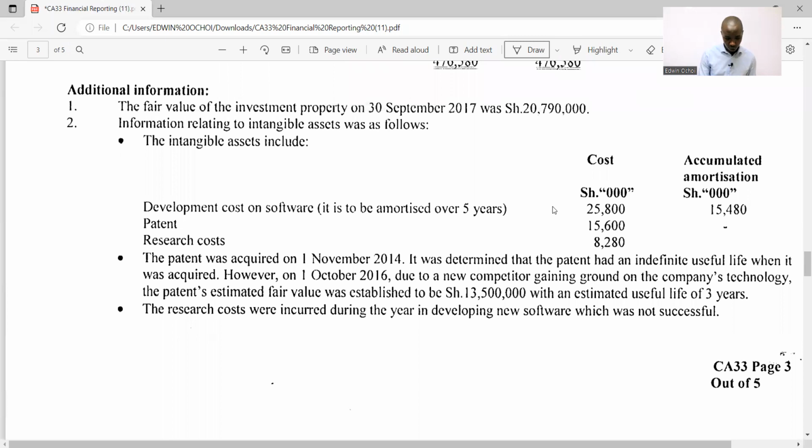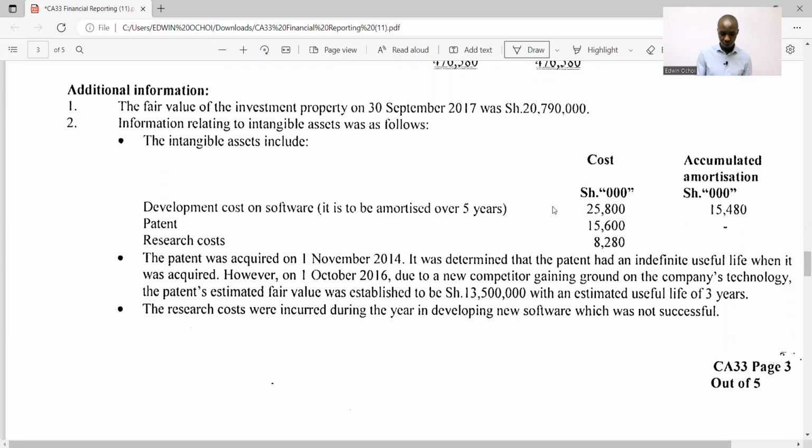Then we talk about note 2. Information relating to intangible assets was as follows. You are told there's an intangible assets, which include what? Development cost on software, amortized over 5 years, patents and research costs. Then you are told that the patent was acquired on November 2014. It was determined that the patent had an indefinite useful life when it was acquired.